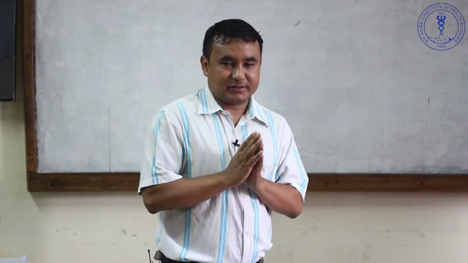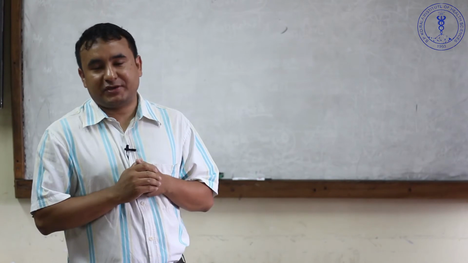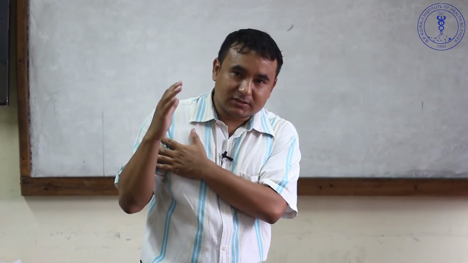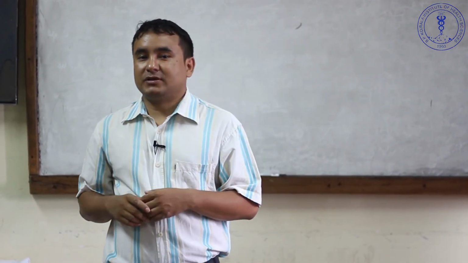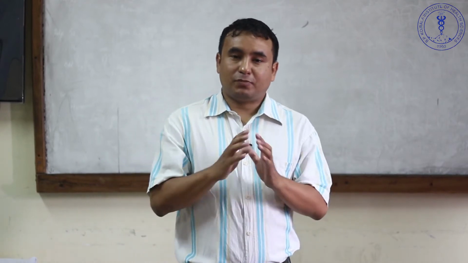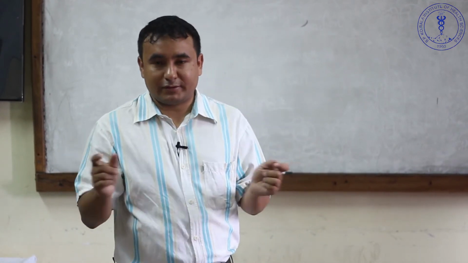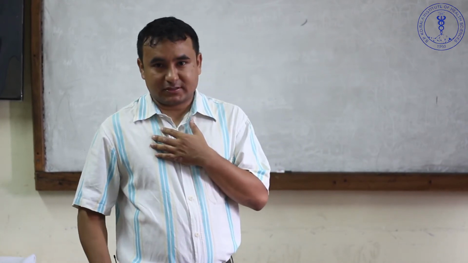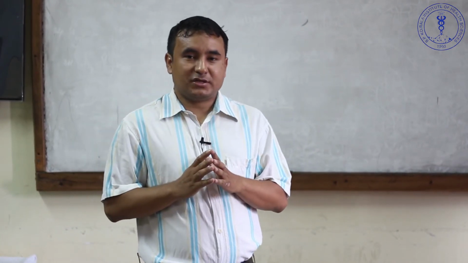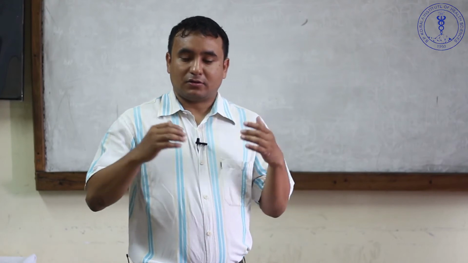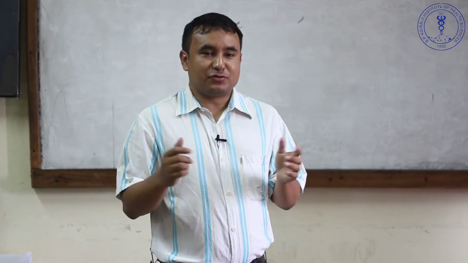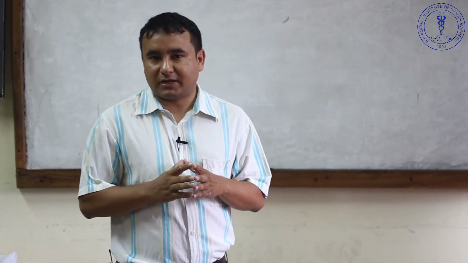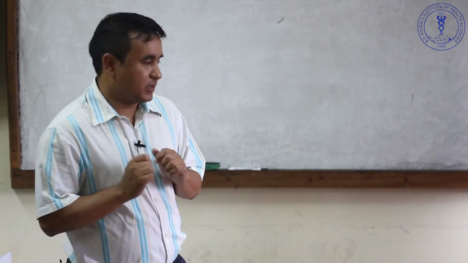So your patient can present with a history of monoparesis, paraparesis, quadriparesis, or hemiparesis. This is how your patient is going to present in the emergency room or maybe in the outpatient department. Okay.